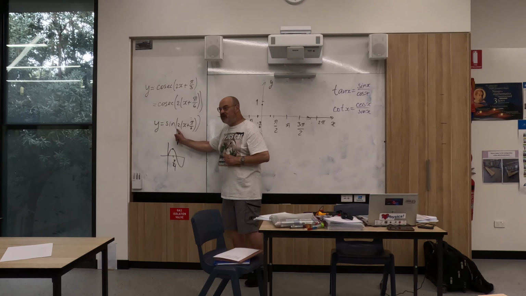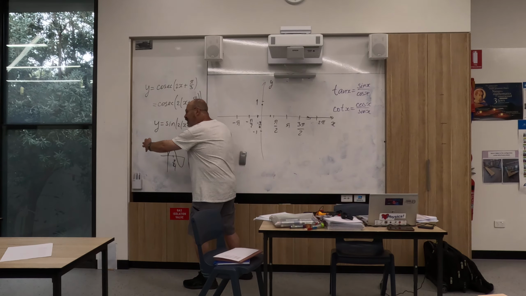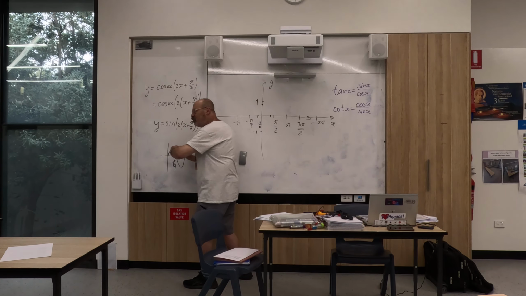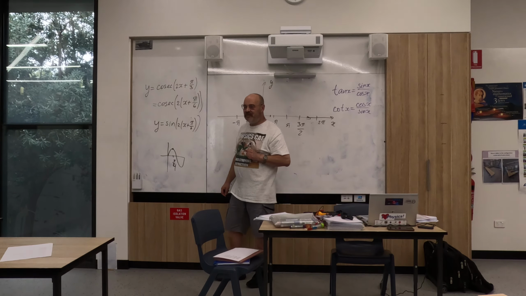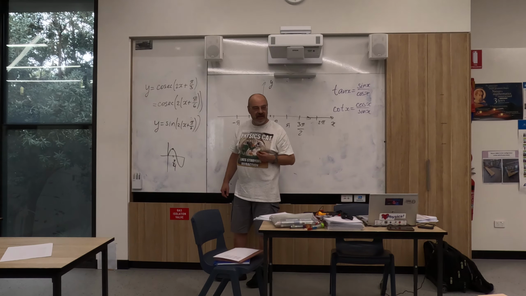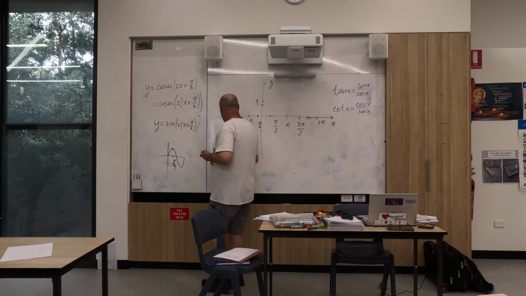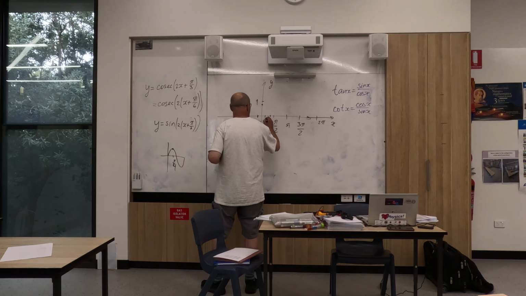When we have coefficient 2 here, it comes twice closer, so pi on 2 becomes pi on 4. Now, pi on 4 minus pi on 6 is pi on 12. So you'll have the maximum at pi on 12. So that is the first bit.